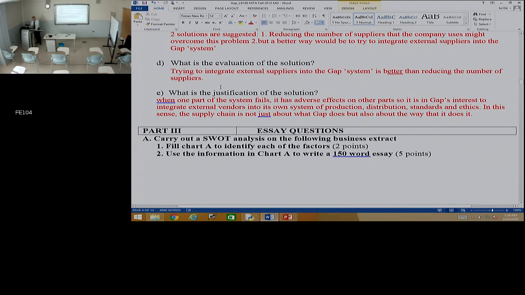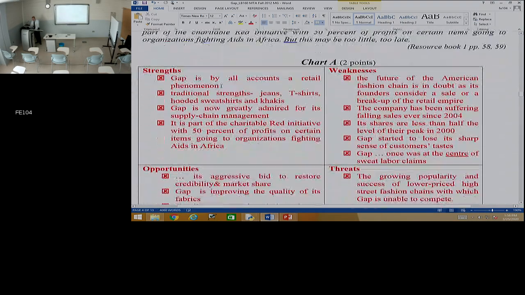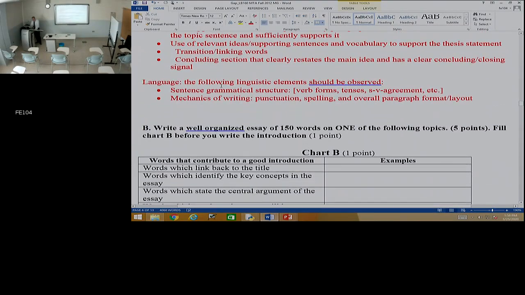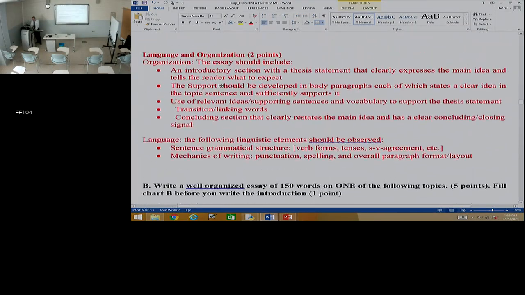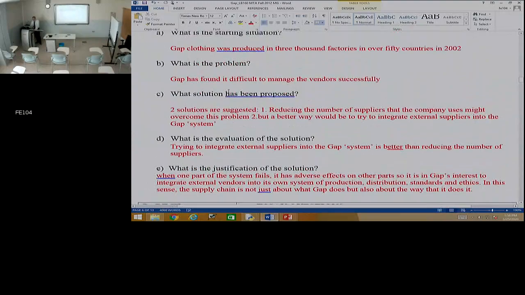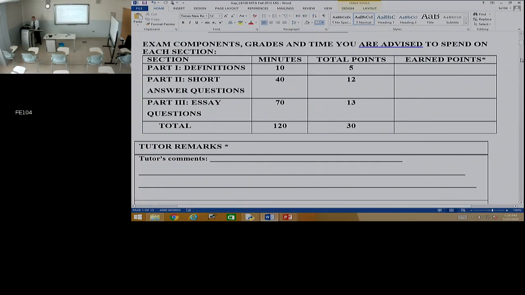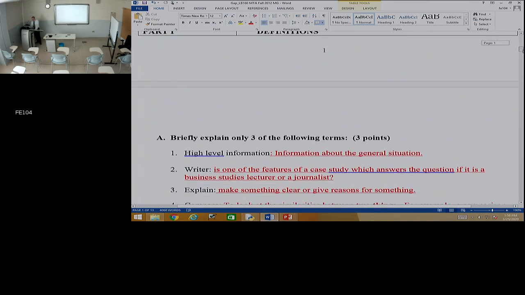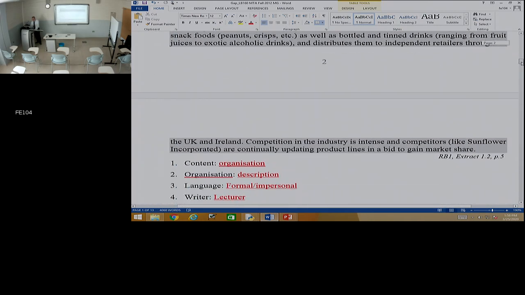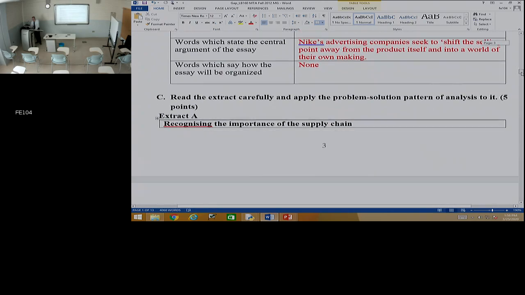Now we move to maybe another example. So when you answer problem solution, you have to bear in mind we don't scramble, we don't jump. We start in order.